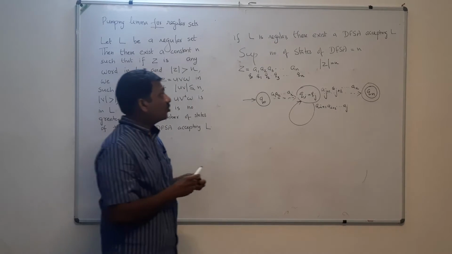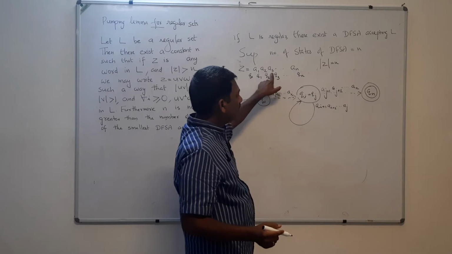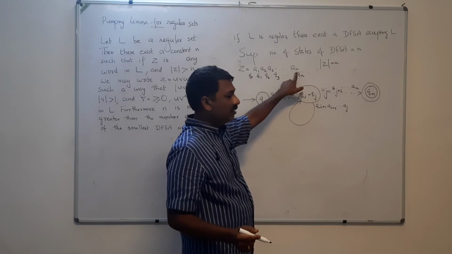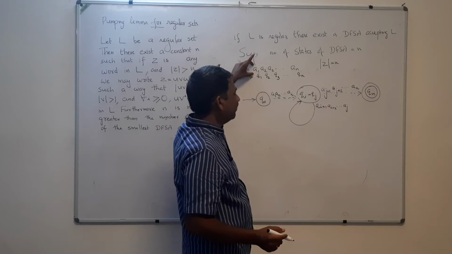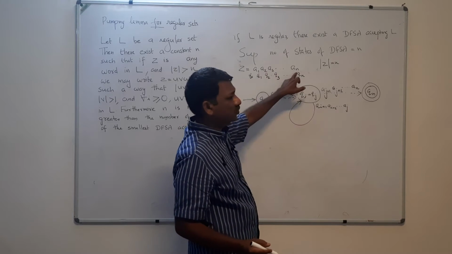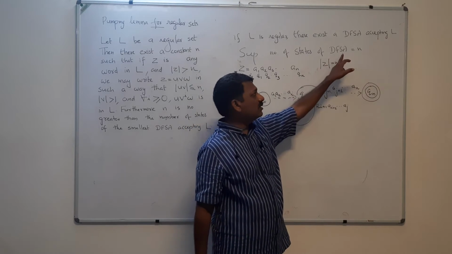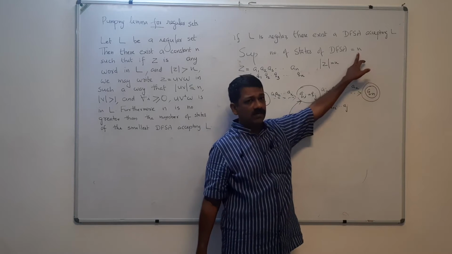Our assumption is z is equal to a1, a2, a3, etc. up to an. That means the input string has length n, and the string is a1, a2, a3, etc. up to an. And our assumption is the number of states of the deterministic finite state automaton is n.